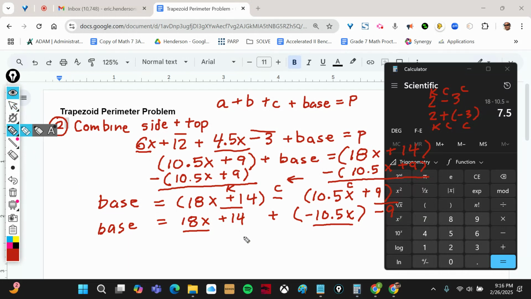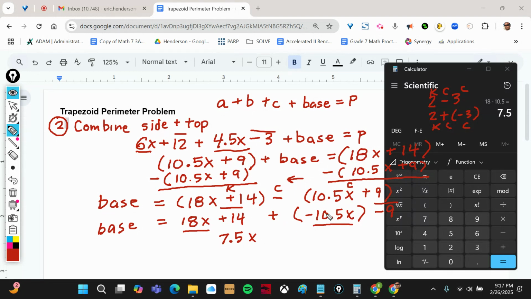Boom. So when we subtract 18 and 10.5, we're subtracting first. See if I can squeeze all this in. We get a 7.5x, because these are x terms.